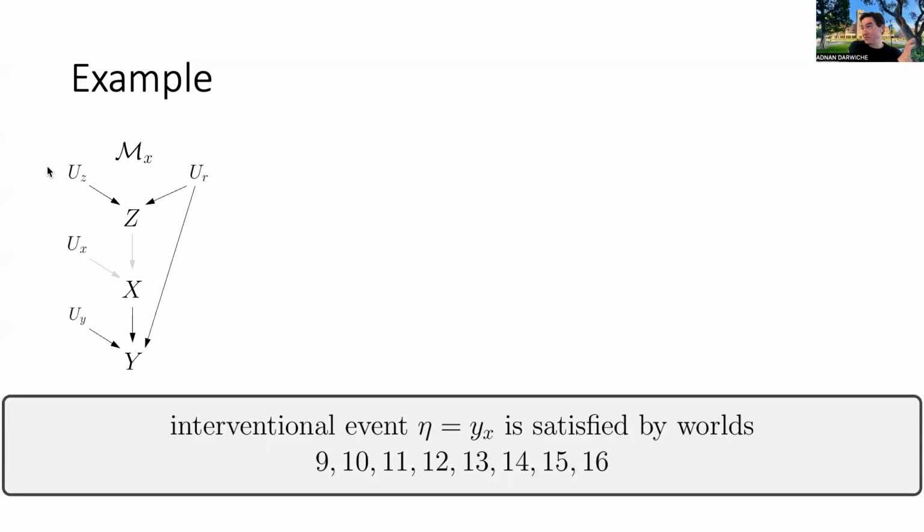So again, you look at the 16 possible worlds and you compute the values of X and Y and Z in each one of them, but using this guy now. What's the difference? This is no longer following these 2 guys. This is fixed to 1 in this case. So you're not going to compute this based on those. You're going to always fix it to 1. And now when you compute the value of Y, it's going to be always with respect to X being 1.